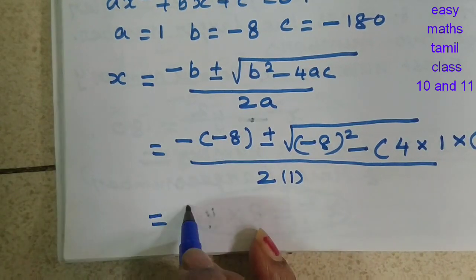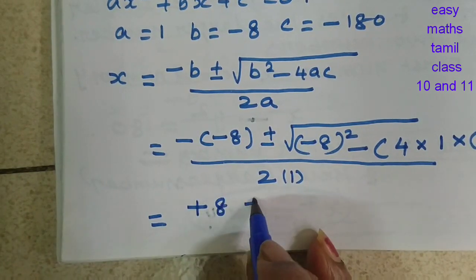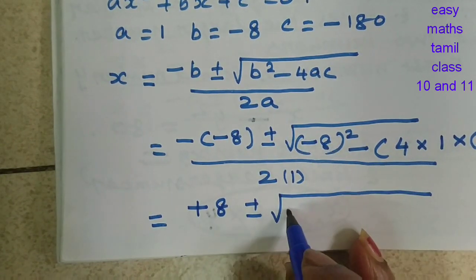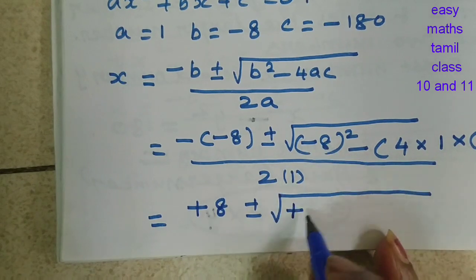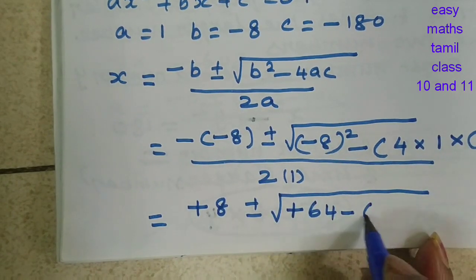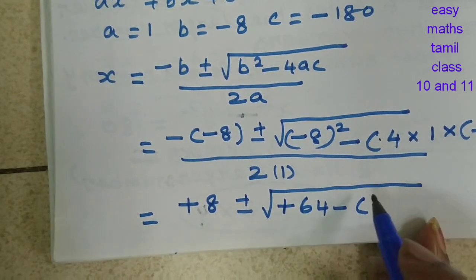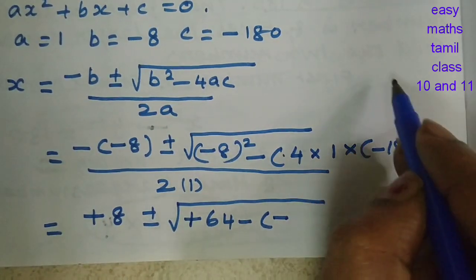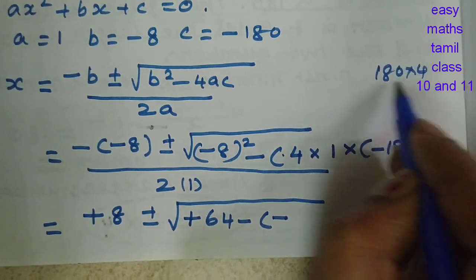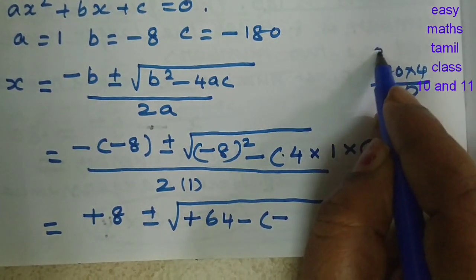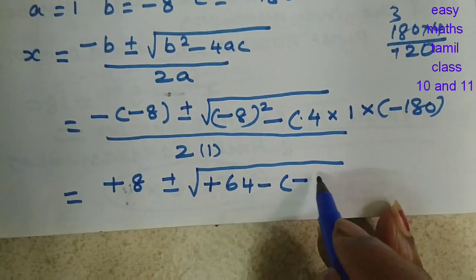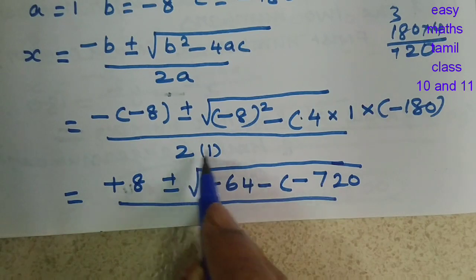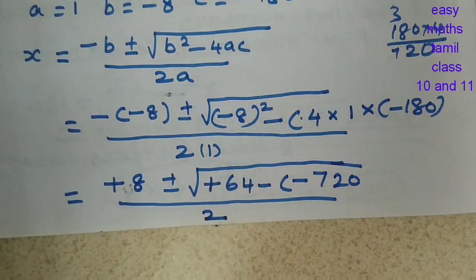Minus into minus plus 8 plus or minus root of minus 8 into minus 8 is plus 64, minus into minus plus, 4 into 180 is 720, divided by 2 ones are 2.